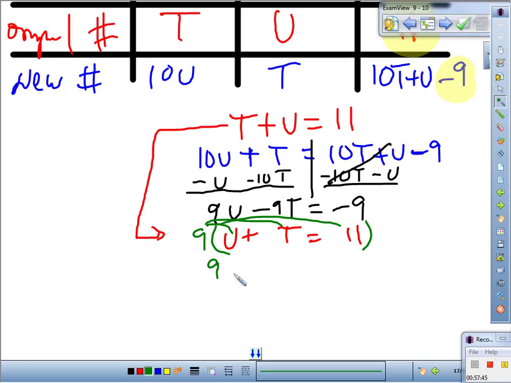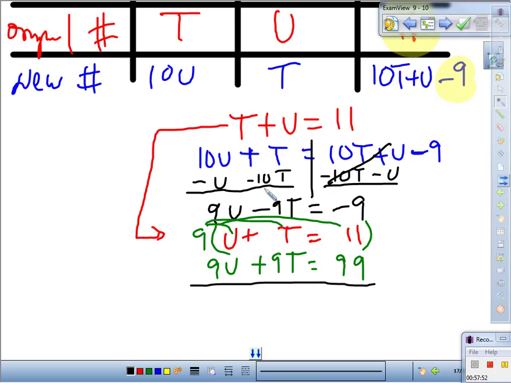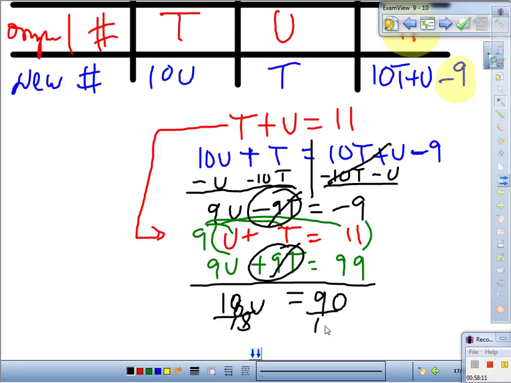So we're left with 9u plus 9t equals 99. So this and this cancel. So we're left with 18u equals 90. Divide by 18. U equals 5.